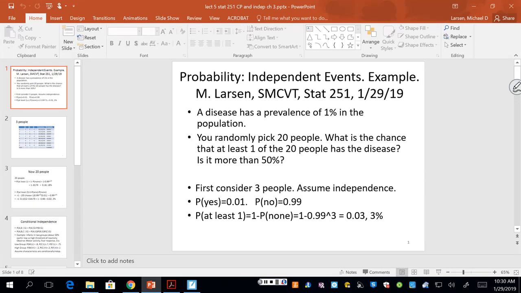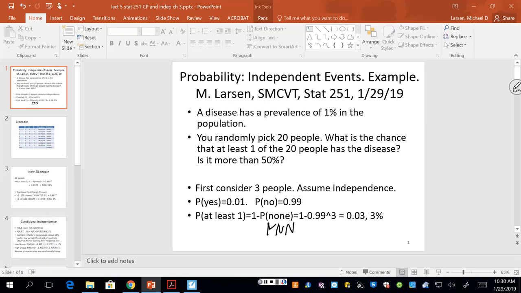So at least one, the opposite of that is nobody has it. So 1 minus the probability of these three no's. The chance that nobody has it is no on the first one times no on the second times no on the third. So 0.99 for each, so 0.99 cubed. And that ends up being about 3%.